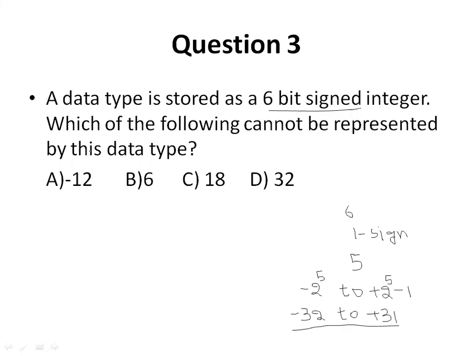Minus 12 is in this range. Yes. 6 is in this range. Yes. 18 is there. 32, plus 32, is not. So option D is the correct answer. Right, very good.